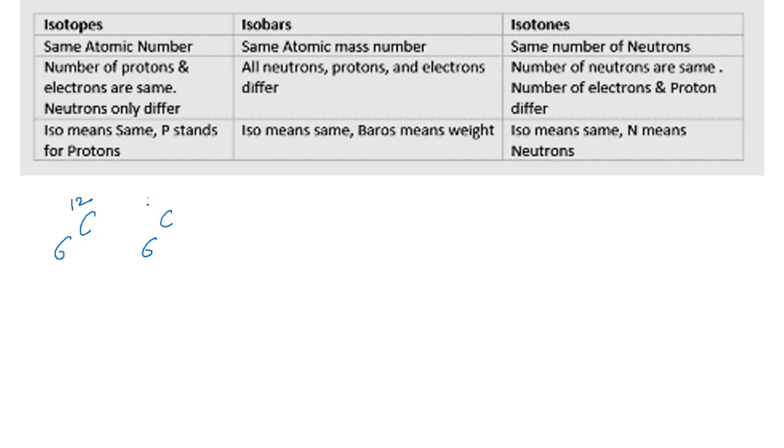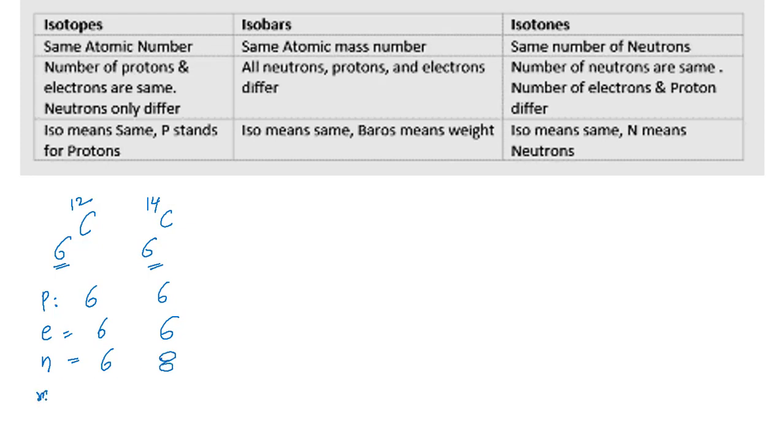6C12 and 6C14. These two are also isotopes. Why? I will write here the number of protons in both cases: 6 and 6. The number of electrons also will be 6 and 6. The number of neutrons here 6, here 8.